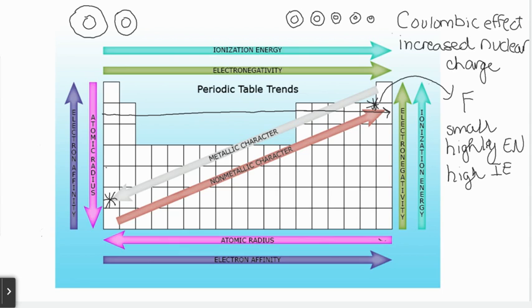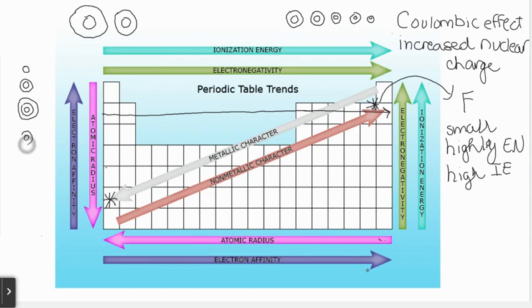Now let's talk about what's happening as we go down a family. I'm going to start with hydrogen, and then go to lithium. Here's what's happening: as we go down a family, electron shells are being added.